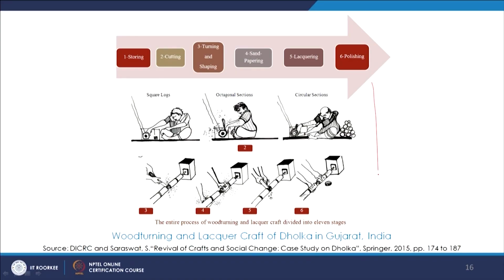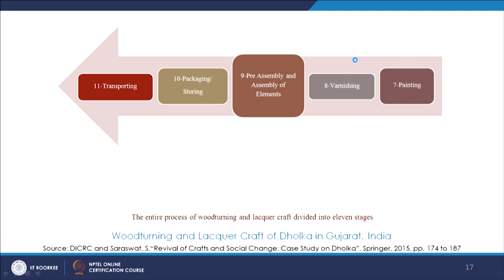So through illustrations which were done by the team, this was documented. So storing, cutting, turning and shaping, sandpapering, lacquering, polishing, all these stages were understood and documented. Painting, varnishing, pre-assembly, packaging, and of course the final one, the transporting.